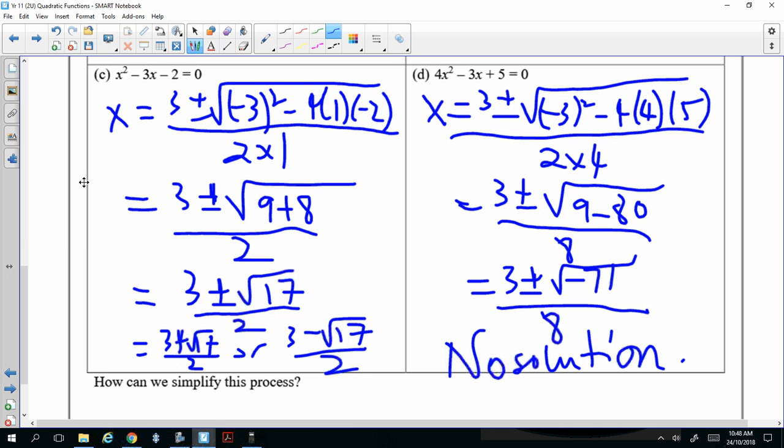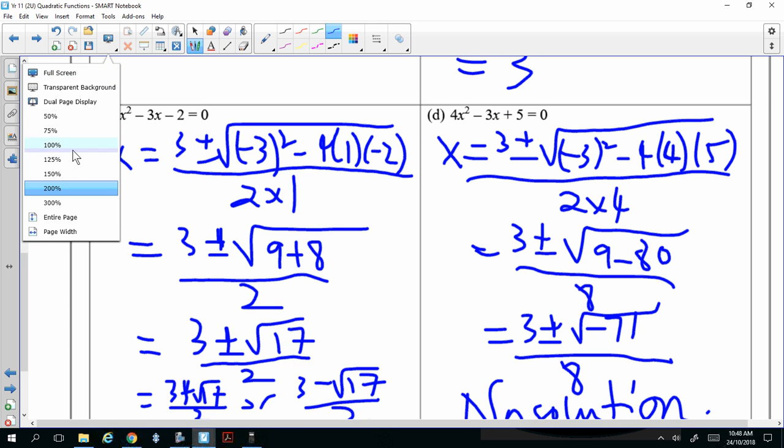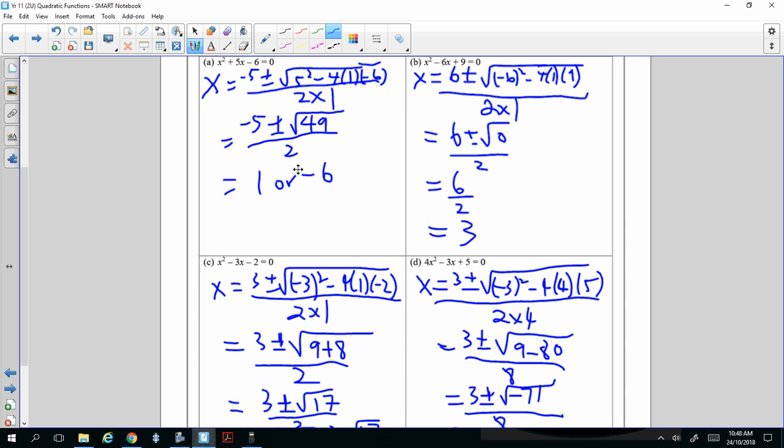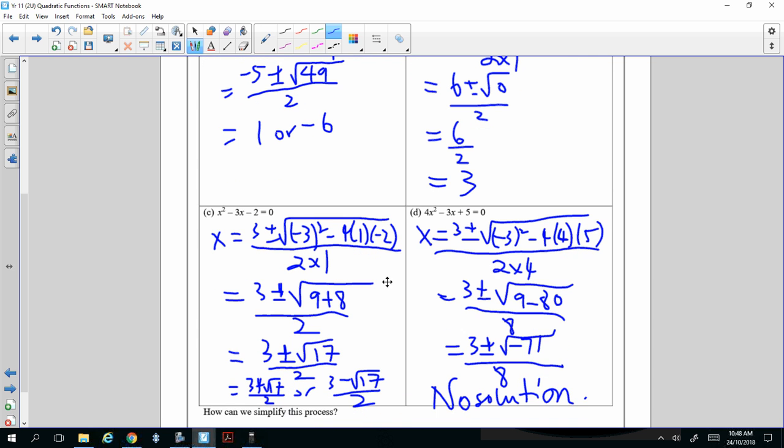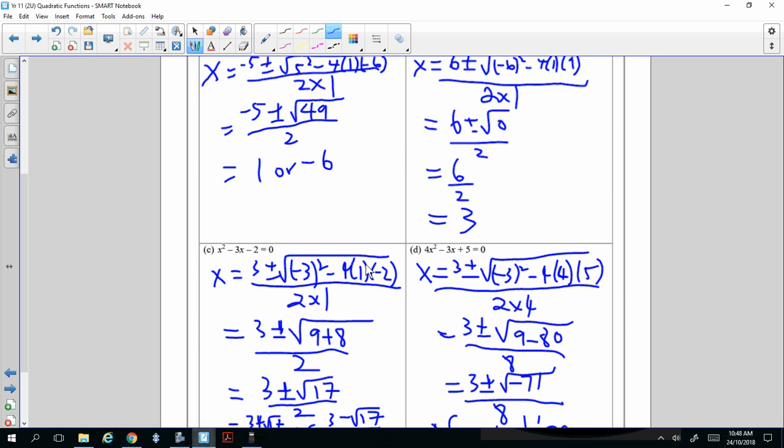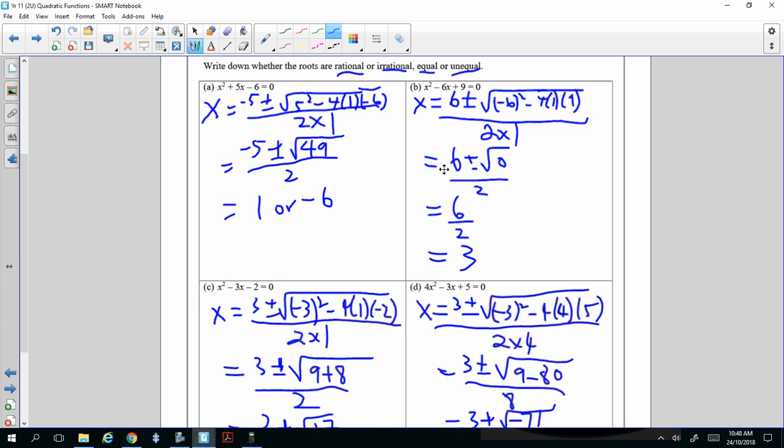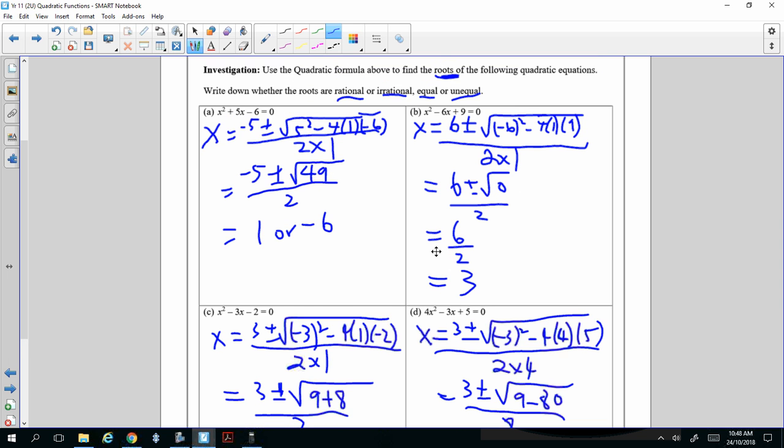So you got these. Let's make it a bit smaller. Okay, so you got 4 cases. And in each of these cases, you can sort of tell what type of solution you will get before you get to the last step. So hopefully you will see that when that's a 0, plus and minus 0 is the same thing. You only get one answer, one solution, right?